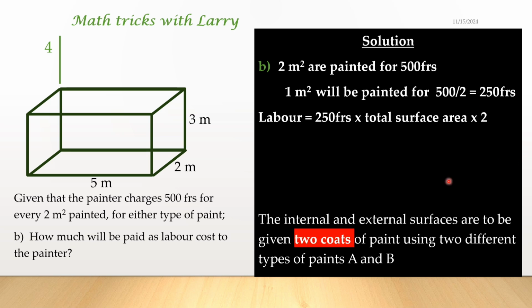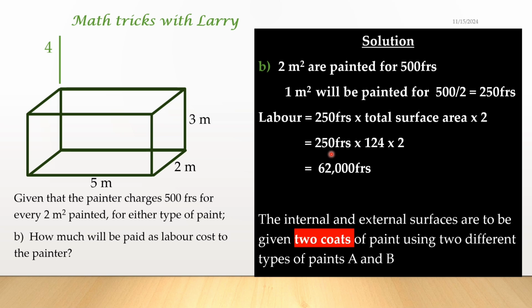We are multiplying by 2 because in the question it says the internal and external surfaces are to be given 2 coats of paint. So that is why we are multiplying here by 2, because the painter has to paint the internal and the external surfaces twice.